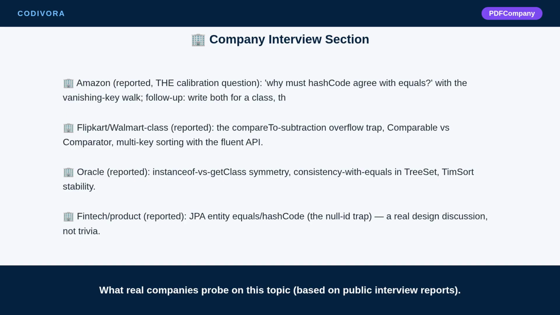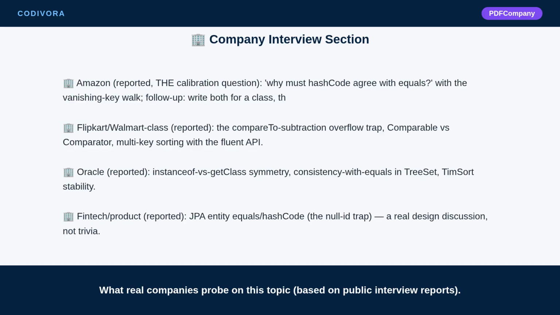Now the part candidates ask for most: what real companies actually probe on this topic, based on public interview reports, not official statements. Amazon reported the calibration question, why must hashcode agree with equals? With the vanishing key walk, follow up: write both for a class, then the mutable key consequence.